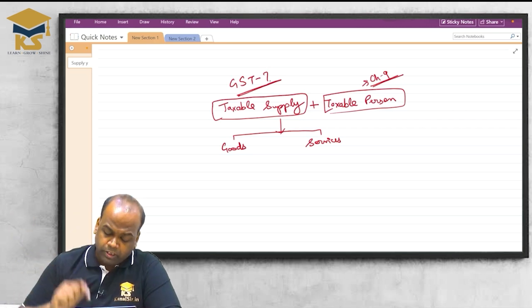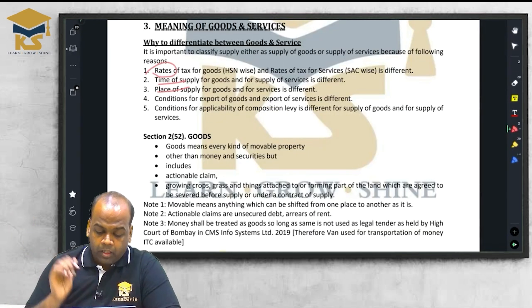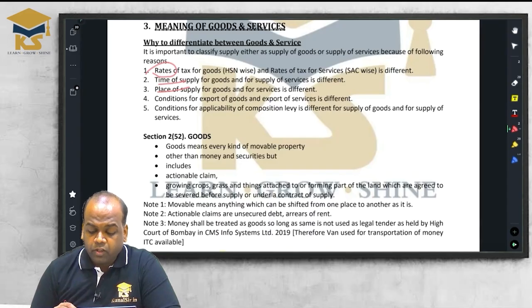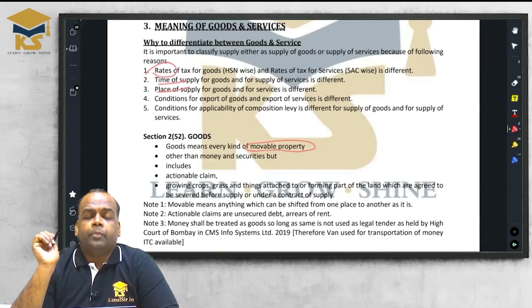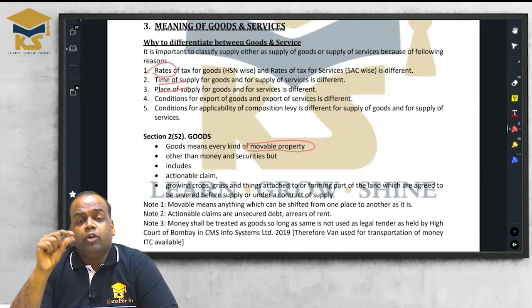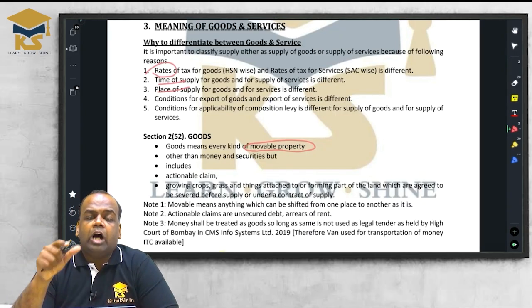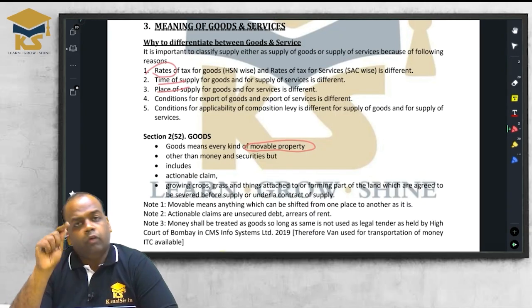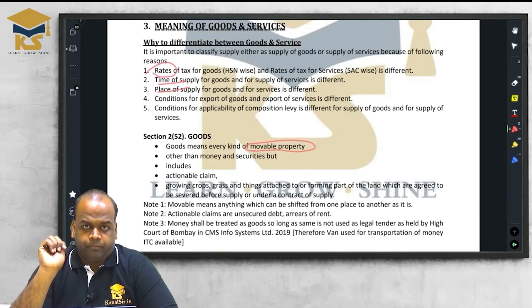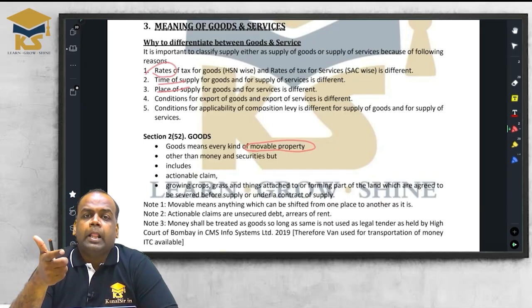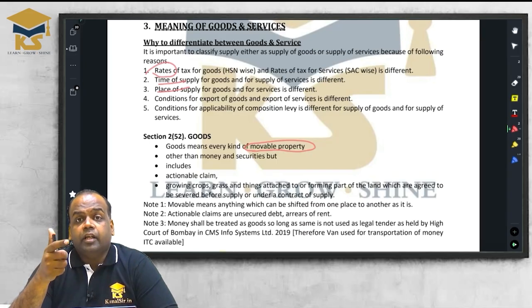So now, sir, what is goods? Goods means every kind of, very important, movable property. So any kind of immovable property is out of the definition of goods. Now we have to check whether that is services or not. Obviously, now there is a building. That means building is an immovable property.